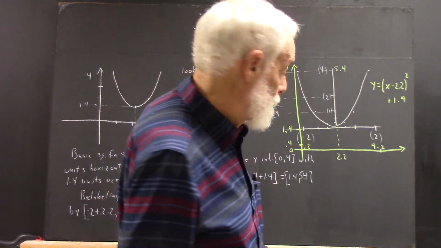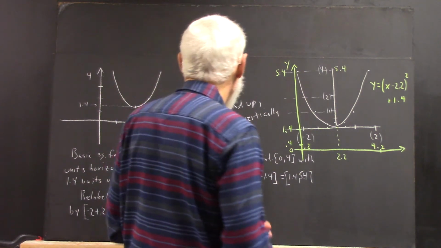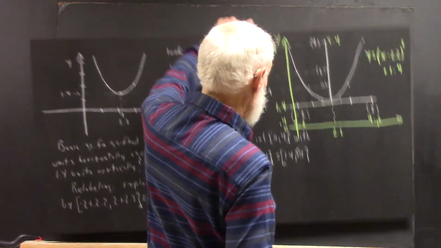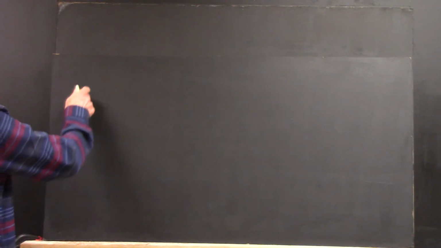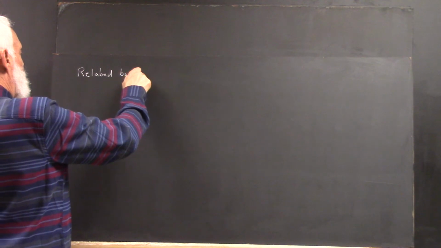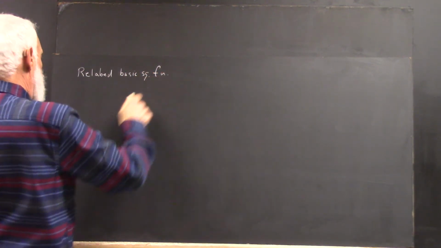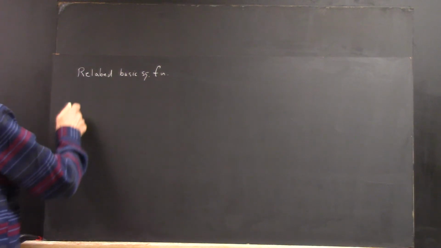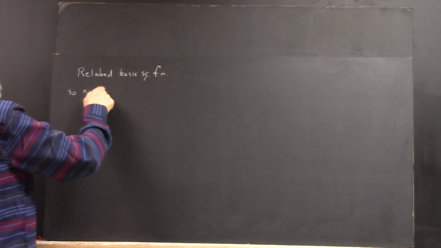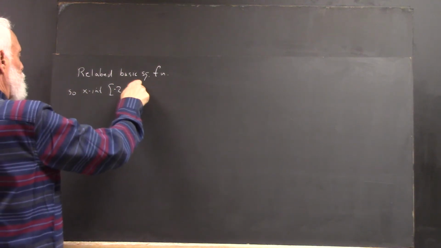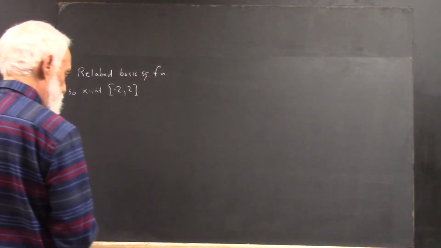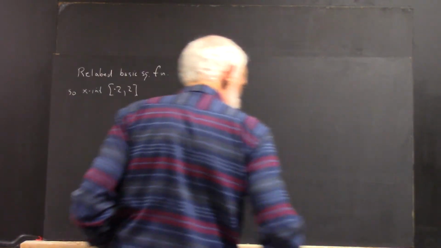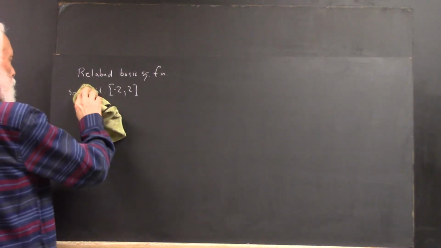Now, we don't know if we've vertically stretched this thing, so another thing that could happen is you take the basic squaring function and you relabel. Right, a lot of things done without thinking.